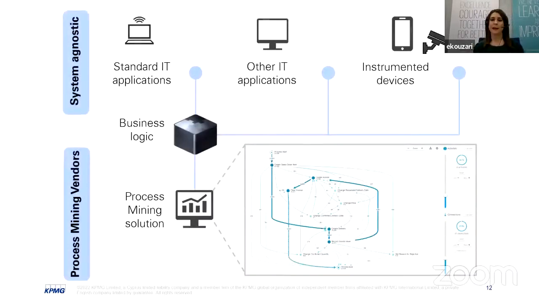Now, process mining is system agnostic and process agnostic, and that makes it an ideal candidate to be applied to every organization in any field at any level. System agnostic means that we can have any underlying system that captures data. It can be any standard IT application, an ERP system from a major vendor, instrumented devices, or a login system of a company.